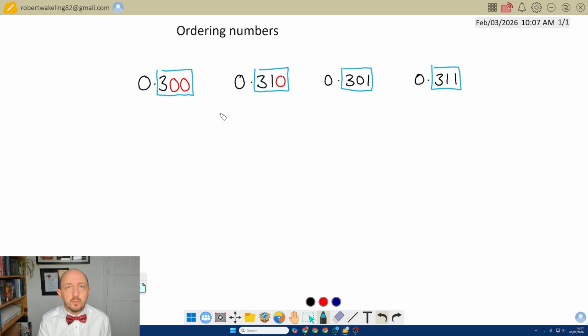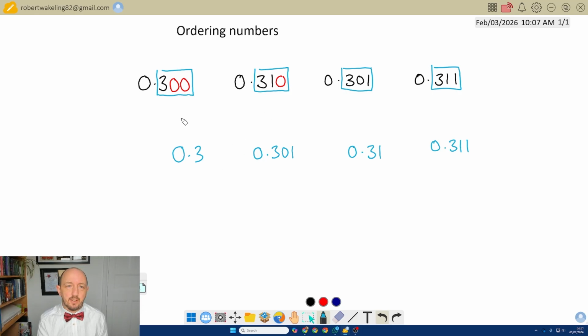And so now that we've got this in the same number of digits, we can see that 300 is the smallest. 300, 301, 310, and 311.